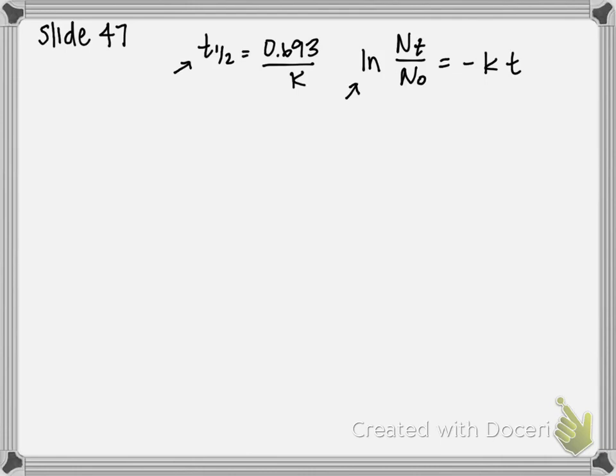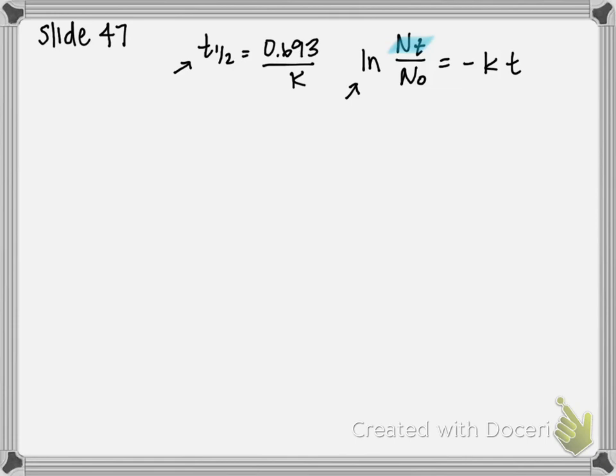And that's equal to negative K, rate constant, times T, and that's our time. So in this, we are looking for N sub T. How much is left after a particular amount of time, which happens to be 5 years.